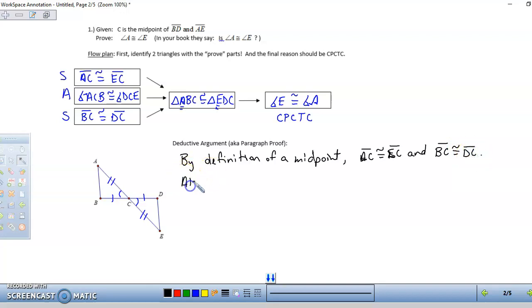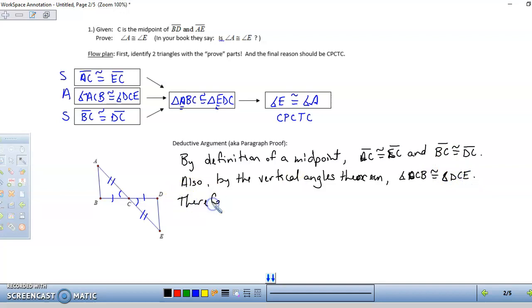Okay, also by the vertical angles theorem, I always have to sound that out, theorem, you know that angle ACB is congruent to angle DCE.